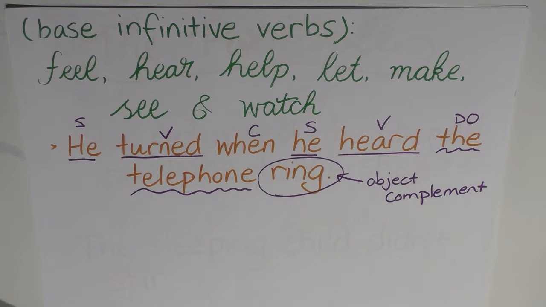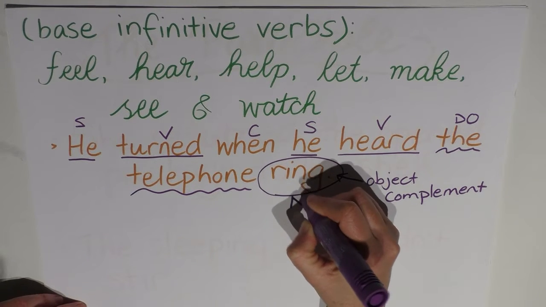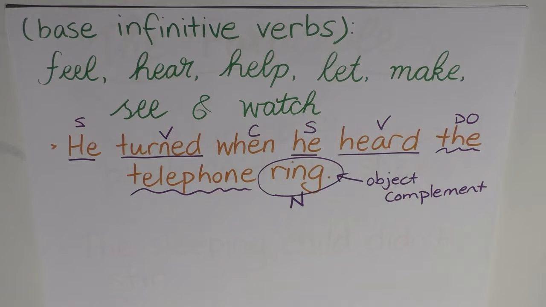We know this because the definite article comes before it, the determiner, and ring therefore also has to be a noun. But it's not a noun as in a ring that you put on your finger. It is in fact the object complement. So I can see how it gets a little bit confusing at times, but there's an example of where a base infinitive form of the verb is not in fact a verb.